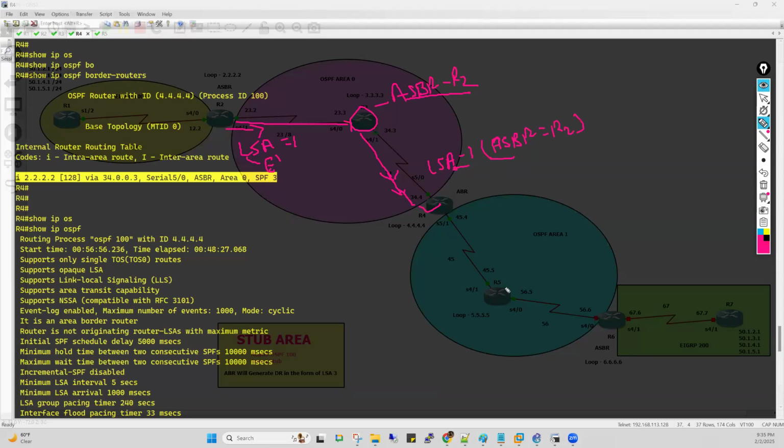Clear? Now, how will this router get to know who the ASBR is? Because your router LSA will not cross this area into this area. How will your R5 get to know who the ASBR is in your network?